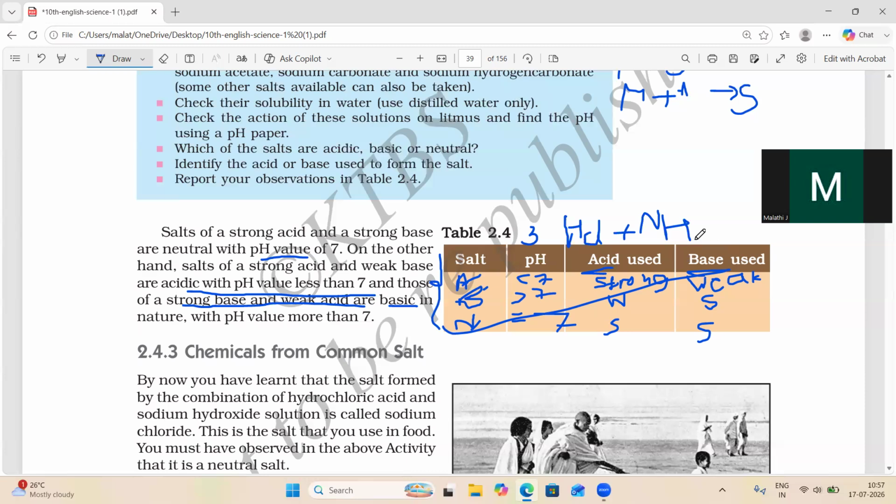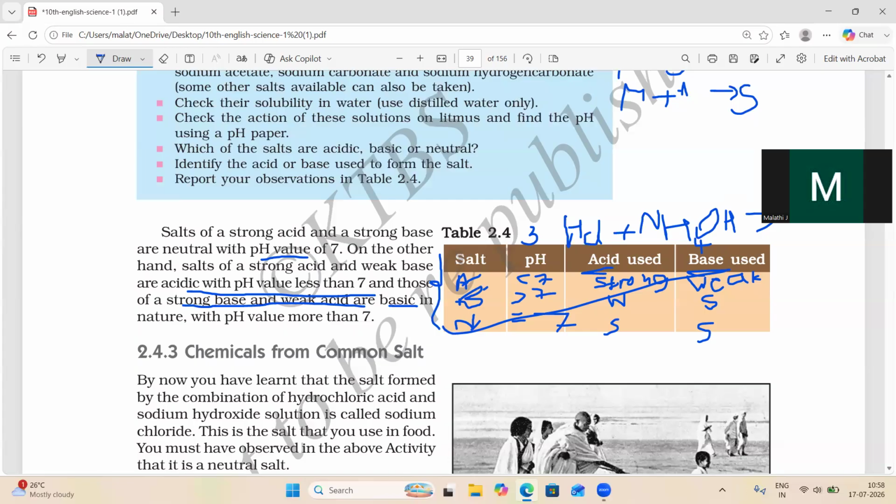The salts you will get here: ammonium hydroxide is a weak base. When this strong acid reacts with this weak base, you will get a salt, NH4Cl.